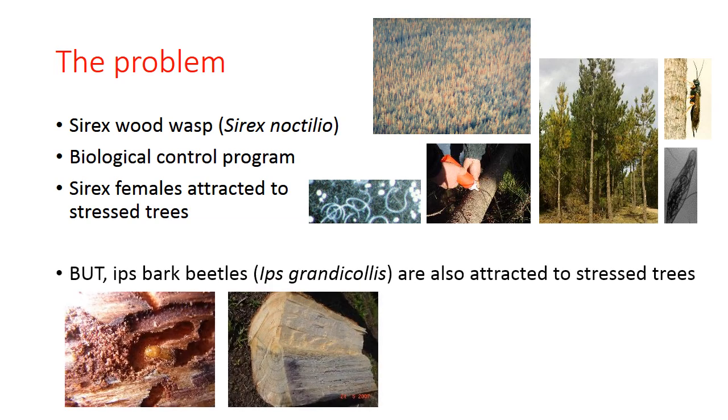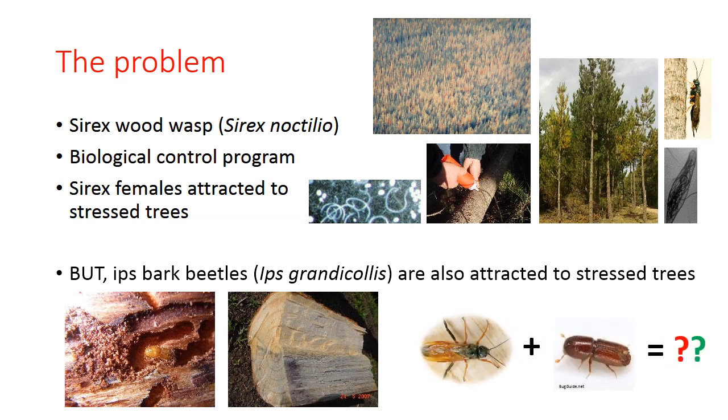But what we've been seeing in Australia is that Ips grandicollis, which is also an exotic pest, is also attracted to these stressed trees and has been attacking these trap tree plots that we've set up for Sirex biocontrol. So we weren't too sure whether this interaction between Sirex and Ips was going to affect our Sirex biocontrol program.